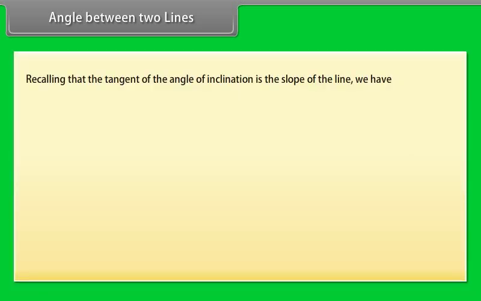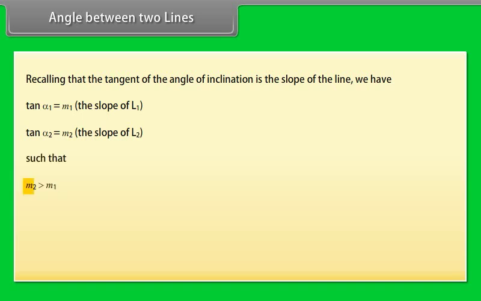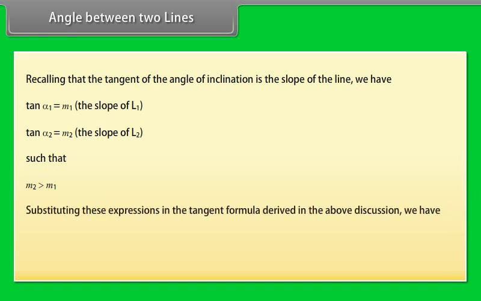Recalling that the tangent of the angle of inclination is the slope of the line, we have tan alpha 1 = m1, the slope of L1, and tan alpha 2 = m2, the slope of L2, such that m2 is greater than m1. Substituting these expressions in the tangent formula, we have tan phi = (m2 - m1)/(1 + m1 m2).